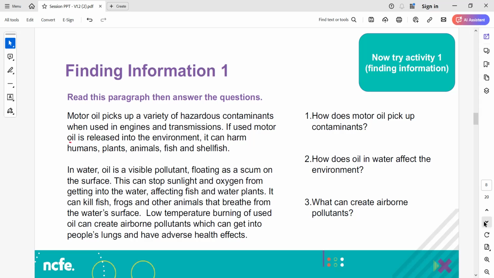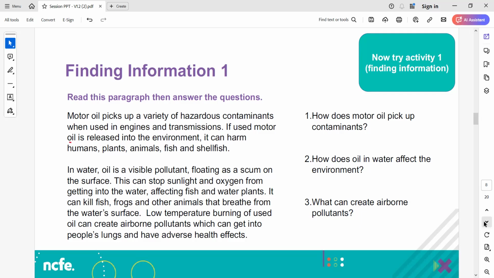This can stop sunlight and oxygen from getting into the water, affecting fish and water plants. It can kill fish, frogs, and other animals that breathe from the water's surface. Low temperature burning of used oil can create airborne pollutants which can get into people's lungs and have adverse health effects.